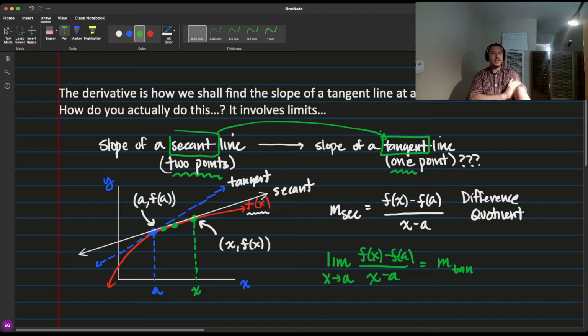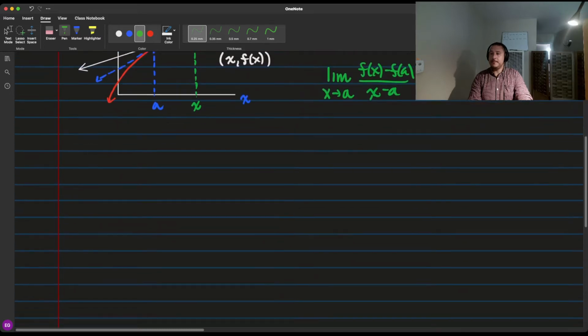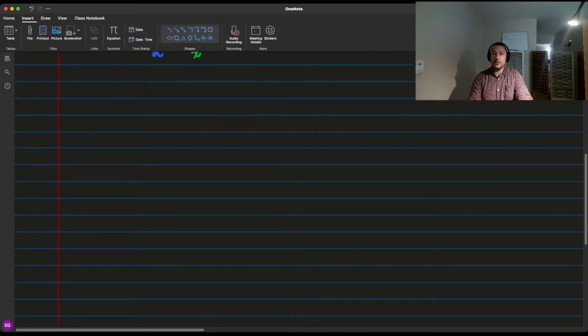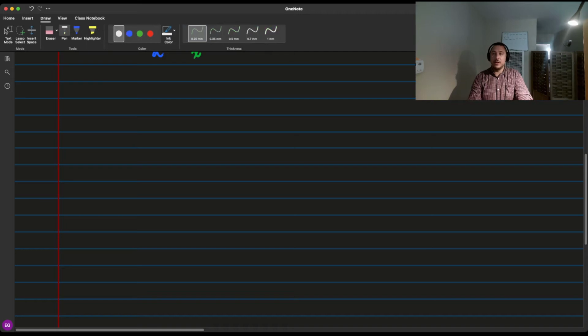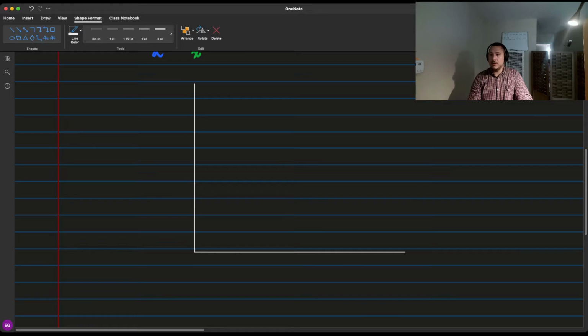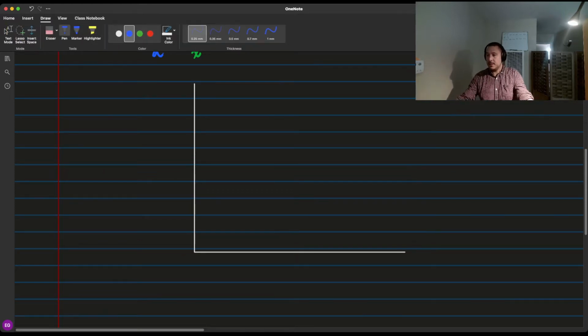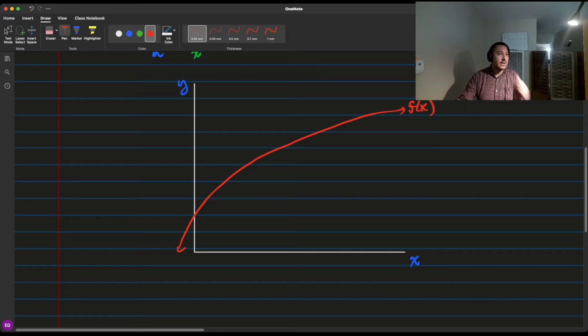Okay. There's something else we need to talk about in relation to this as well. There's a slightly different way to write this formula. So we're going to redraw the drawing in a different way. I'm going to make it really big and easy to look at. Okay, so here's your x-axis, here's your y-axis. Here is your f of x. Hopefully you can see this really well.